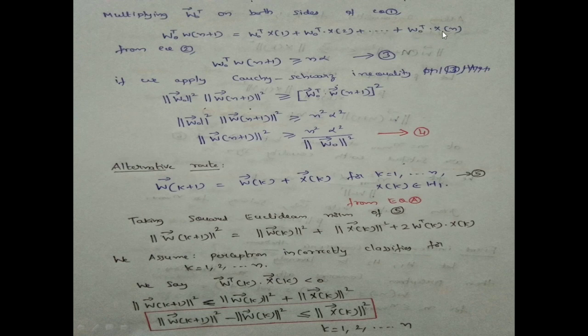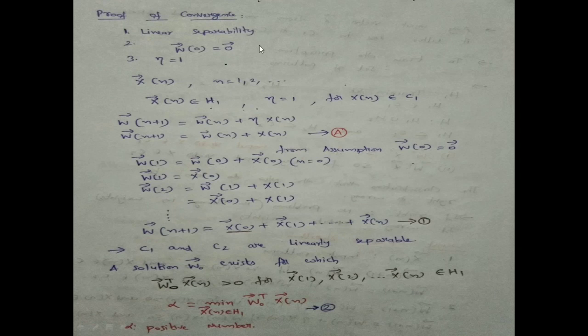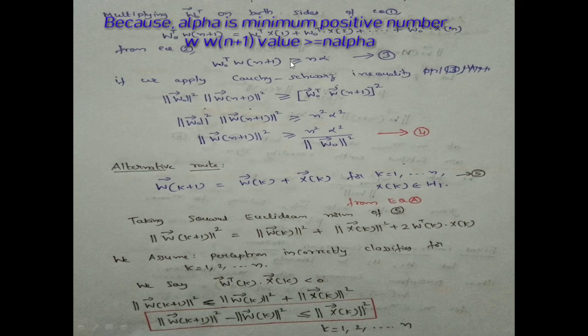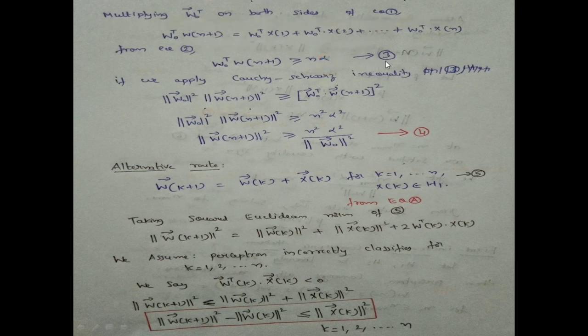From equation 2, each of these values is at least the minimum of W0 transpose x(n), which is alpha, so we take alpha for x(1), alpha for x(2), and so on up to n terms. So we can write W0 transpose W(n+1) is greater than or equal to n alpha. Let us suppose that this is equation 3.